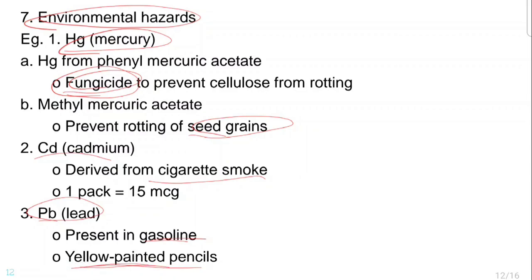Now we are having lead-free pencils. Lead is poisonous and can lead to lead poisoning, and that can also affect your blood production, especially your RBCs, with inclusion bodies such as basophilic stippling.